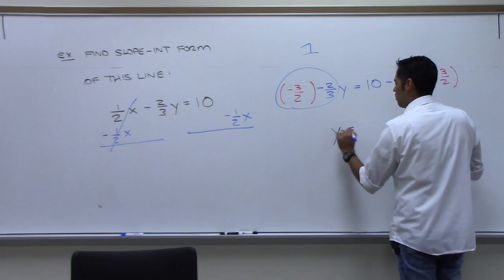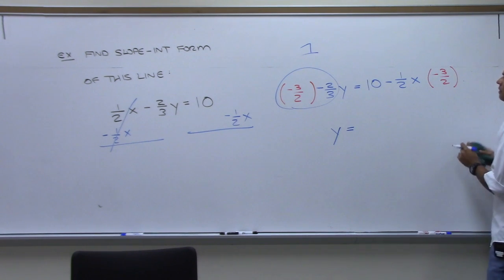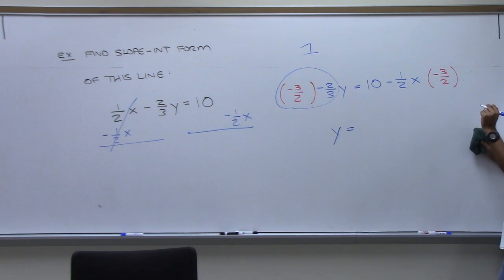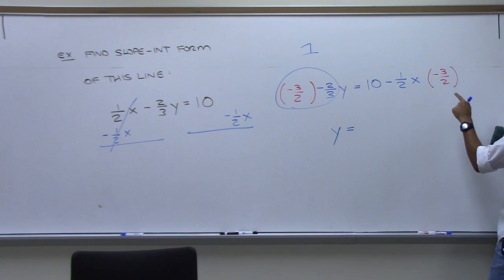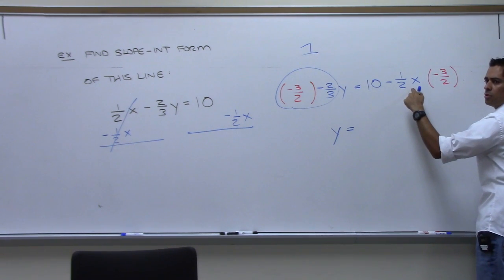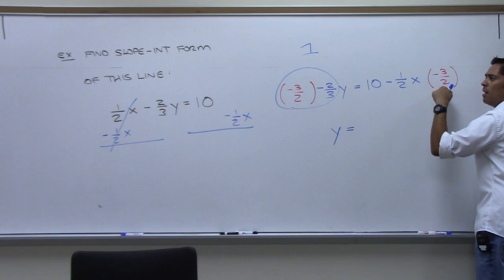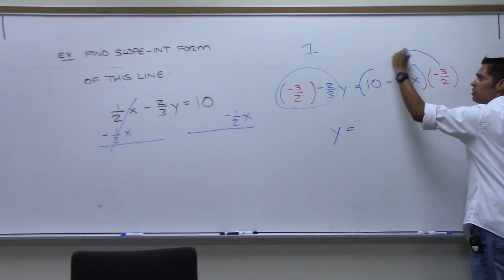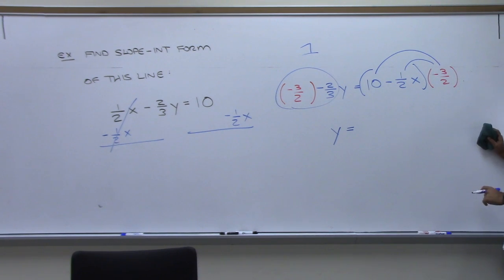So y equals, and then on this side, what did I not put here intentionally to see if you were going to mess up? What do I need? How many terms do I have here? 2 terms, right? And I'm multiplying this side by that. This has to be in parentheses so that you can distribute through.